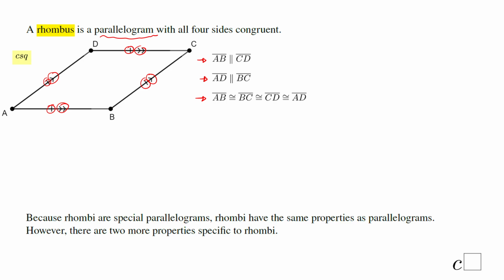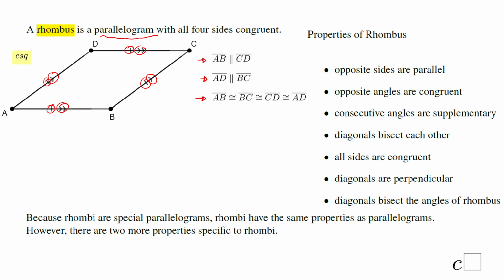Because rhombi are special parallelograms, rhombi have the same properties as parallelograms. However, there are some other properties that you're going to see here. The first property comes from the fact that it's a parallelogram. And from here, we have the rhombus: all sides are congruent.